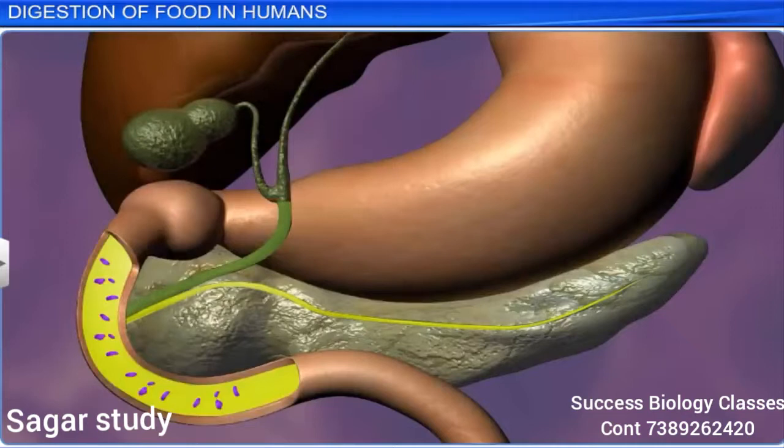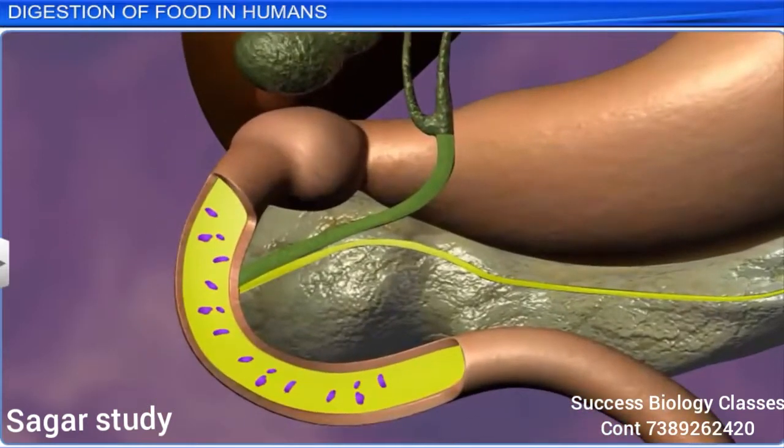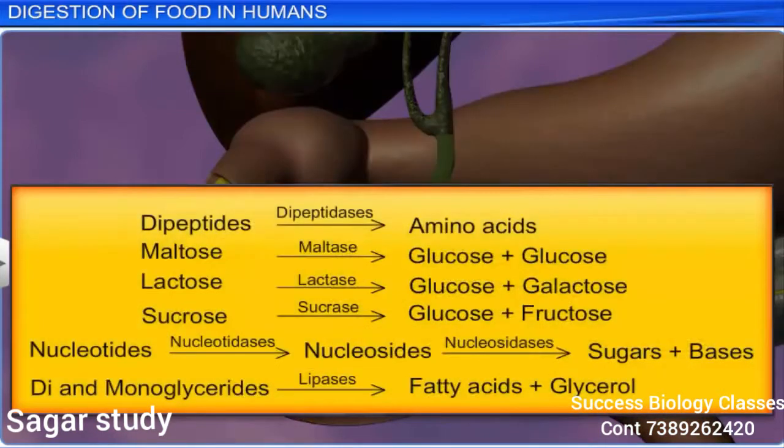In the final steps of digestion, the end products synthesized by the action of bile and pancreatic juice are further converted into absorbable molecules by intestinal juice or succus entericus that's secreted by the walls of the intestine.